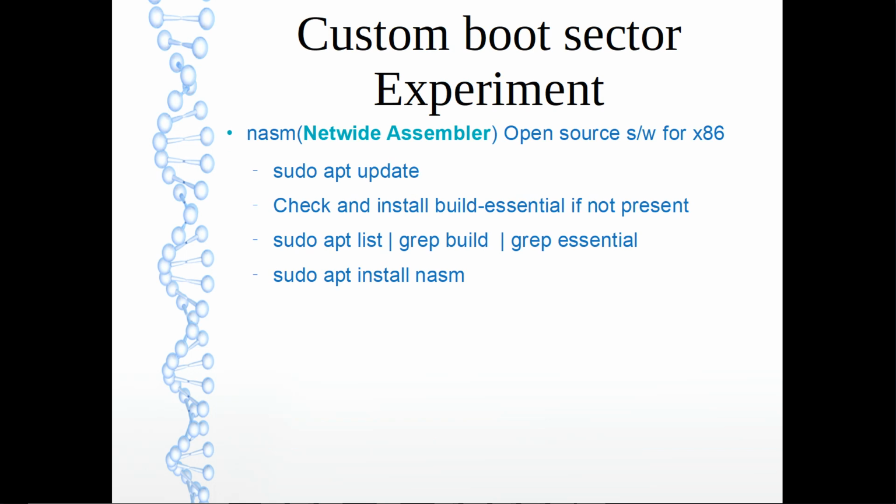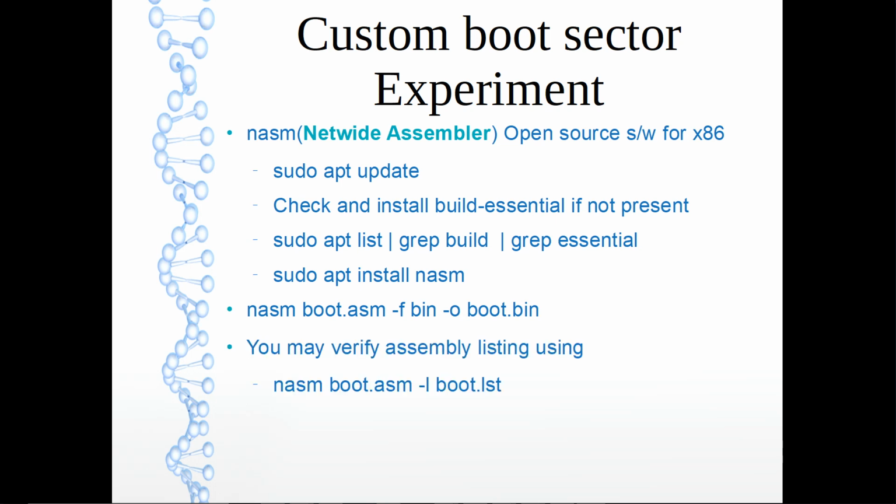We can use NASM, the Netwide Assembler, open source software for x86. First of all, you need to check whether you have build-essential or not. You can always use grep to check whether you have that. If not, then you have to install it. After that you install NASM, then run it on boot.asm with format bin and output boot.bin, which will build your boot.asm file, whatever I discussed, into boot.bin.